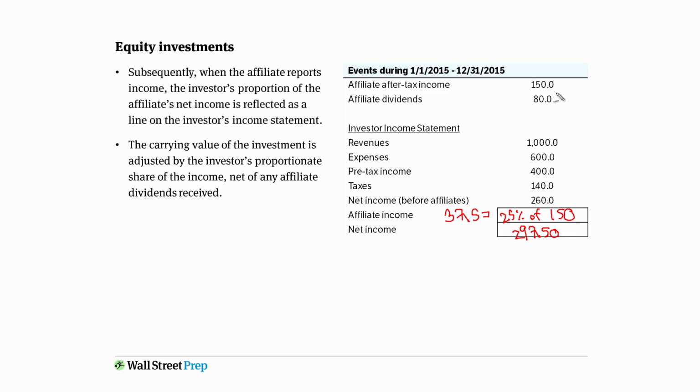We are now looking inside the income statement of our affiliate, and taking the proportion of that income statement that belongs to us. That's what we're recognizing on the income statement, as opposed to recognizing dividends, or any sort of cash payments. See, this is accrual accounting.